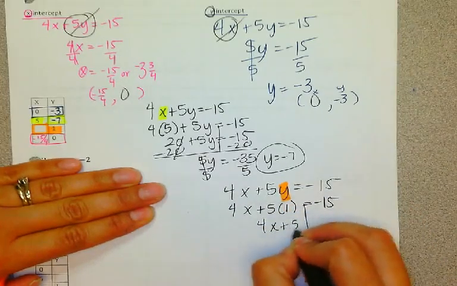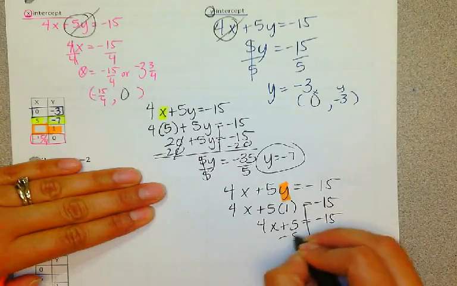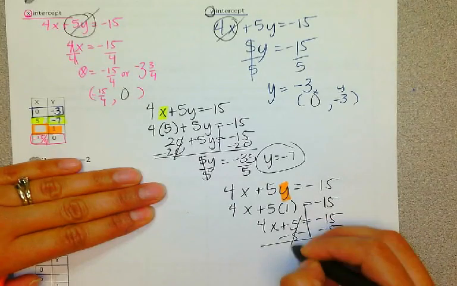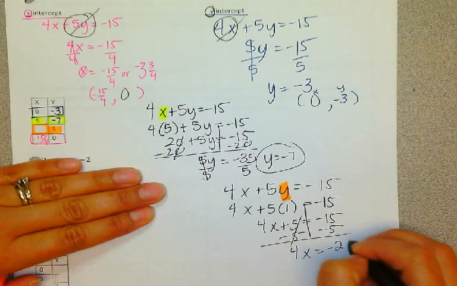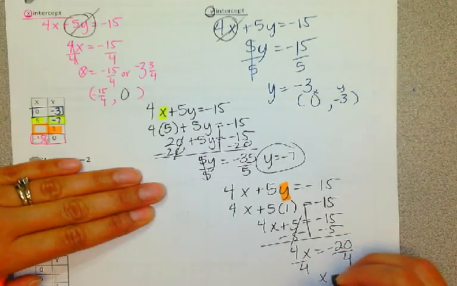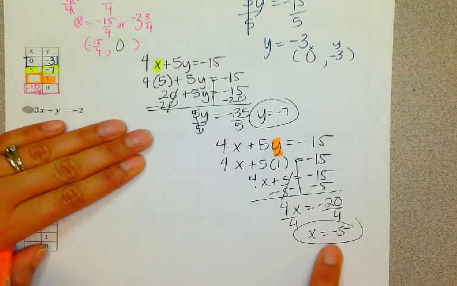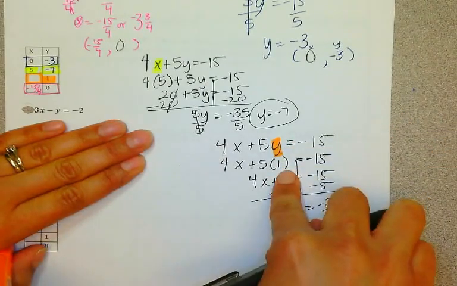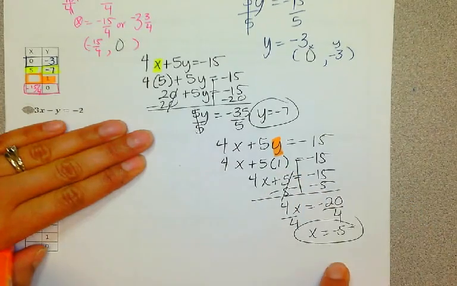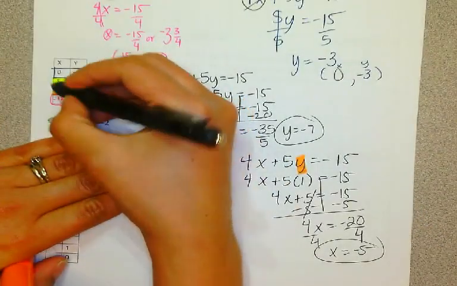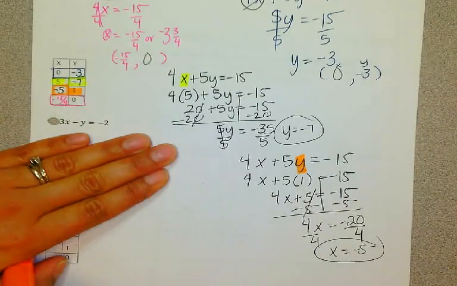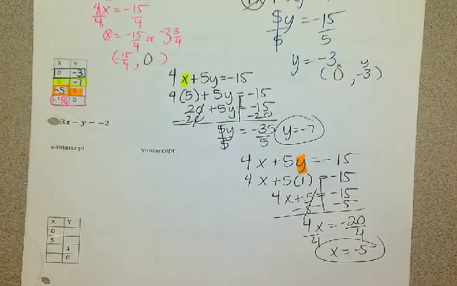And then we solve our equation, as usual. Get negative 5. So when y is 1 in this function, x is negative 5. Okay, so that's that one.